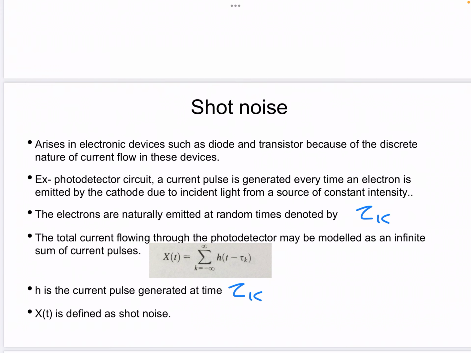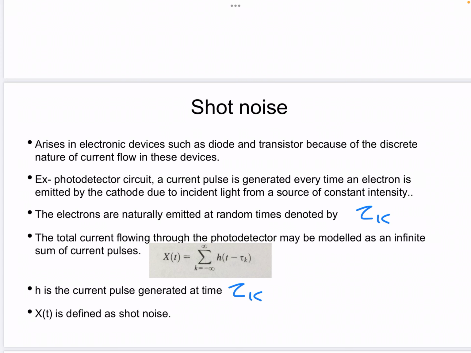Shot noise basically arises in electronic devices such as diodes and transistors because of the discrete nature of current flow in these devices. For example, in a photodetector circuit, a current pulse is generated every time an electron is emitted by the cathode due to the incident light from a source of constant intensity.